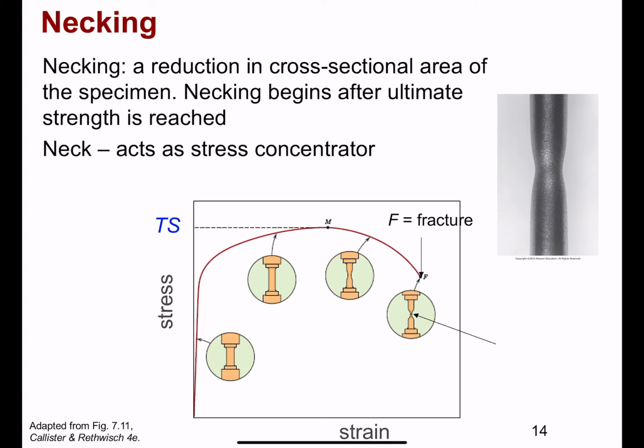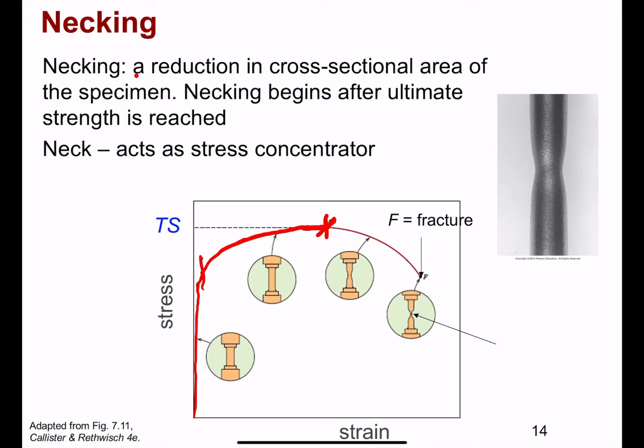And so what is known in metals, as one is climbing the stress strain curve past the elastic portion into the plastic deformation region of the curve, once we transition past the tensile strength value, the highest point on the curve, is that necking starts to occur.